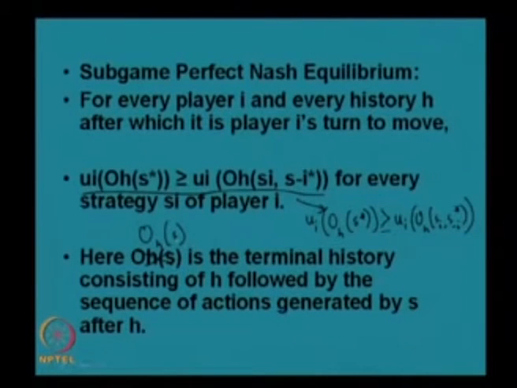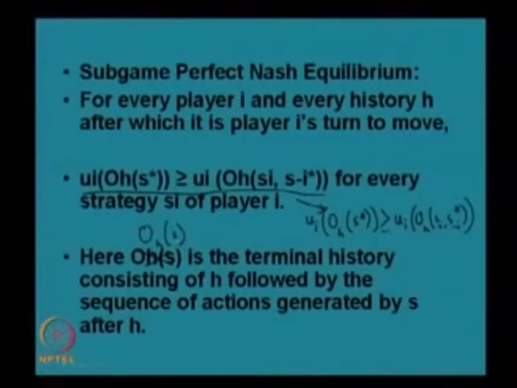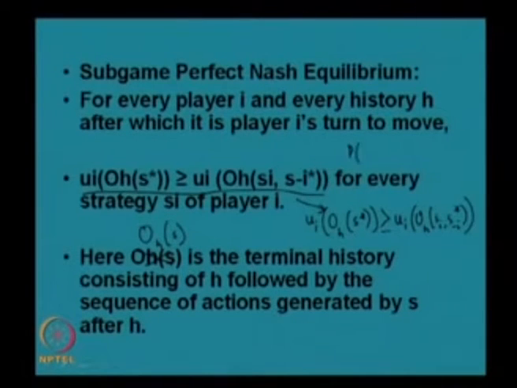Okay. Now, what we are saying is the following: suppose s star is a subgame perfect Nash equilibrium, then s star must satisfy this condition for each player and for each non-terminal history h. So, suppose I take any non-terminal history h, and by applying the player function I see that it is now player i's turn to move.